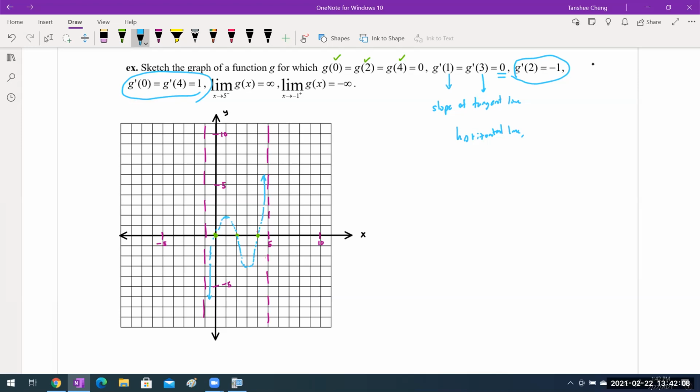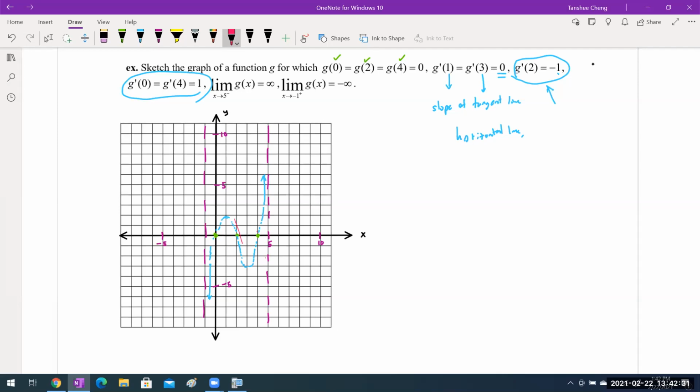g prime of 2 is equal to -1. That means the slope of the tangent line at 2 on the graph is negative. So when I look at 2, yes, notice that the slope of the tangent line is negative right there.